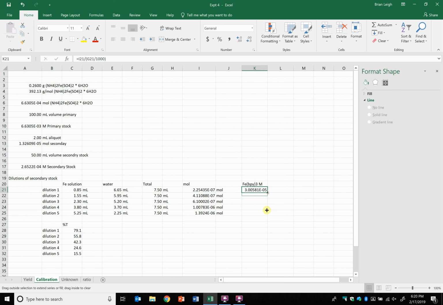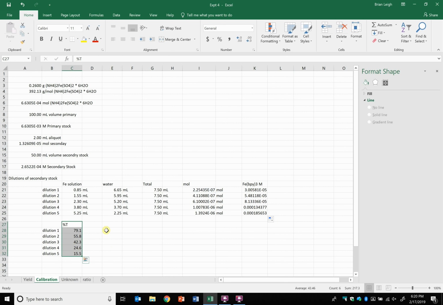And you'll see we have a range of concentrations from 3.0 times 10 to the minus fifth up to 1.8 times 10 to the minus fourth. Cool. So now we have our concentrations of bipy in the 5 dilutions we made.